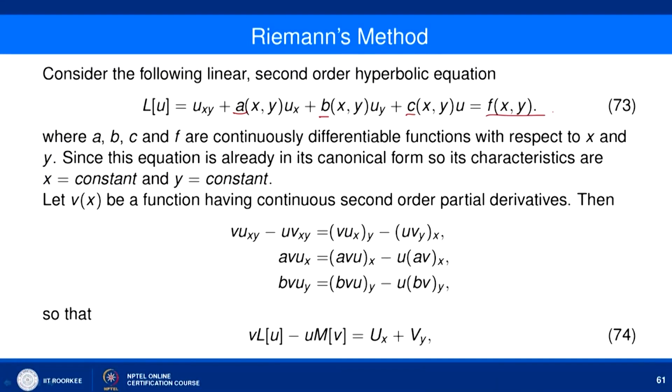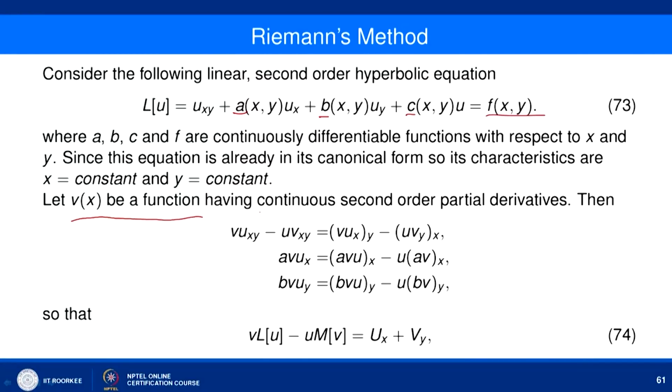Since this equation is already in its canonical form, its characteristics are x equal to constant and y equal to constant, so x and y are the characteristic coordinates. Now we try to solve Lu equal to f using Riemann's method. For that, let us assume v(x,y) is another function having continuous second order partial derivatives. Now, let us look at the following identities.